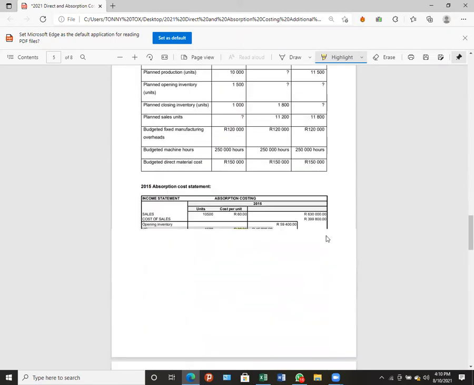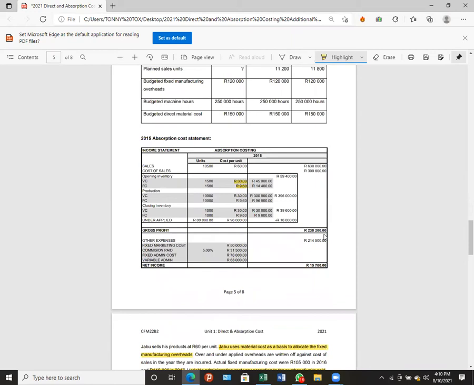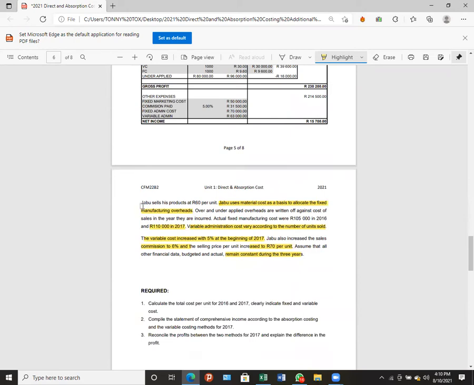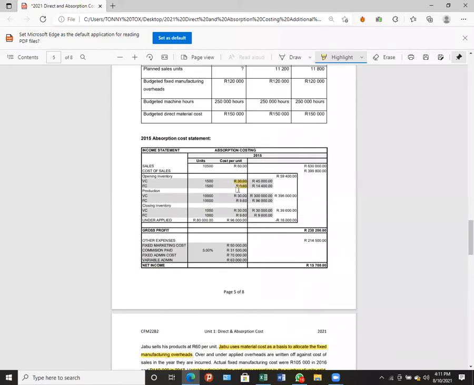Let me read the additional information before we start. Jawu sells his product at 6 rand per unit, and Jawu uses material cost as the basis to allocate the fixed manufacturing overhead, which means this fixed overhead of 9 rand 6 is the applied.